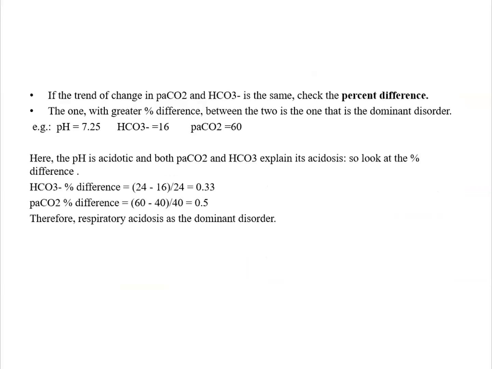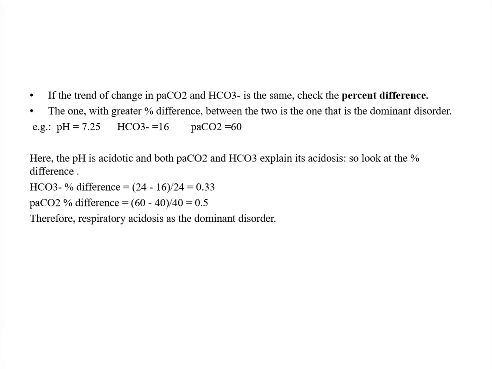Percentage difference is used whenever there is an abnormality and you don't know whether the primary is respiratory or metabolic. Suppose for example you take pH 7.25. Yes, there is an acidosis. But what is the doubt here? Here bicarbonate is also low and your PaCO2 is also high. So which is actually the primary cause in this?